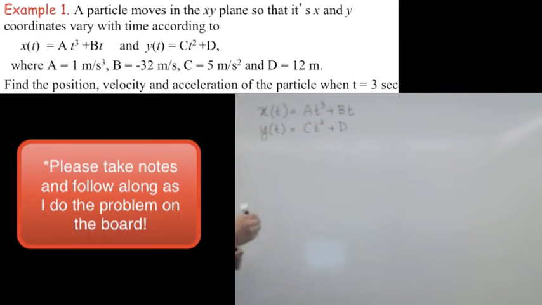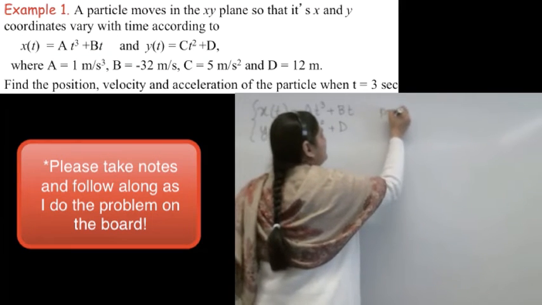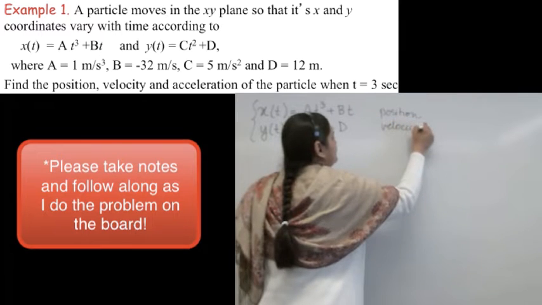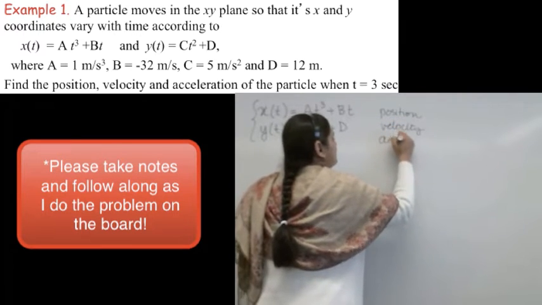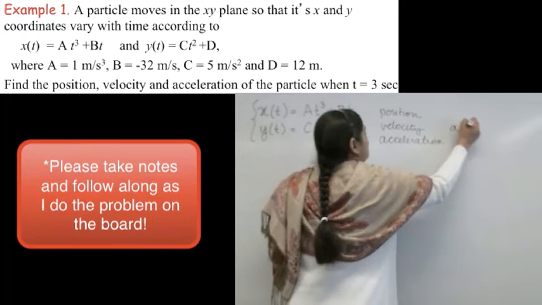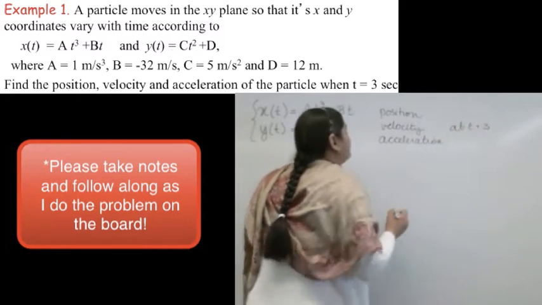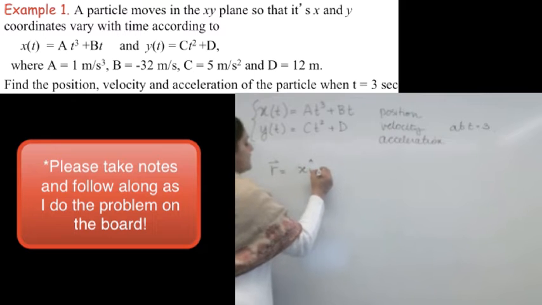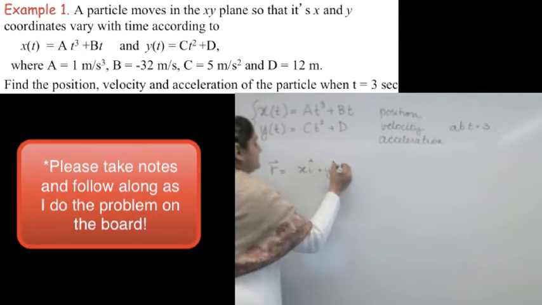And it's asking me to find the position, velocity, and acceleration at t equals 3. So my first job is to find my position vector. The same as we did before, my position vector is going to be xi plus yj.